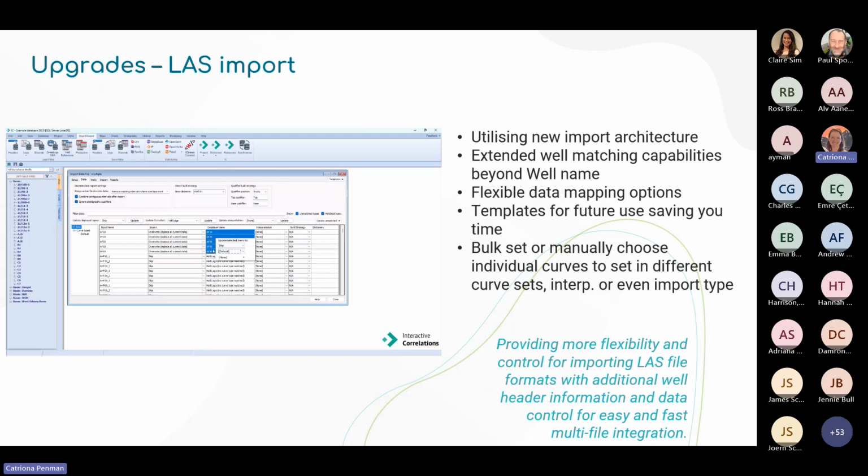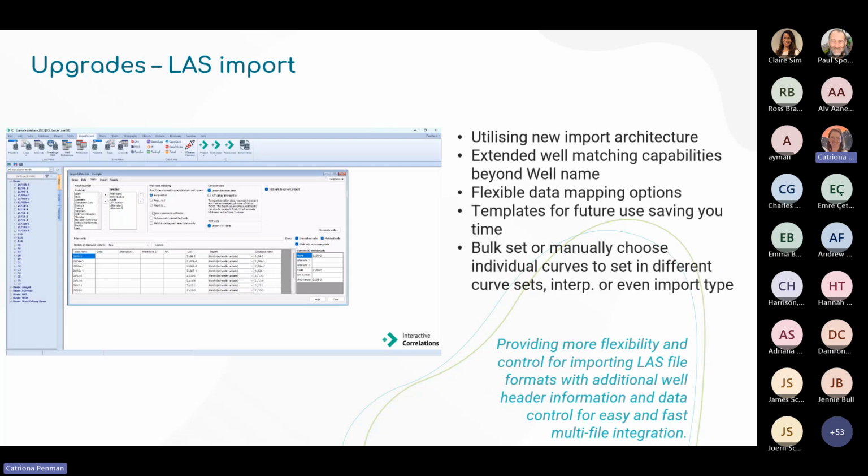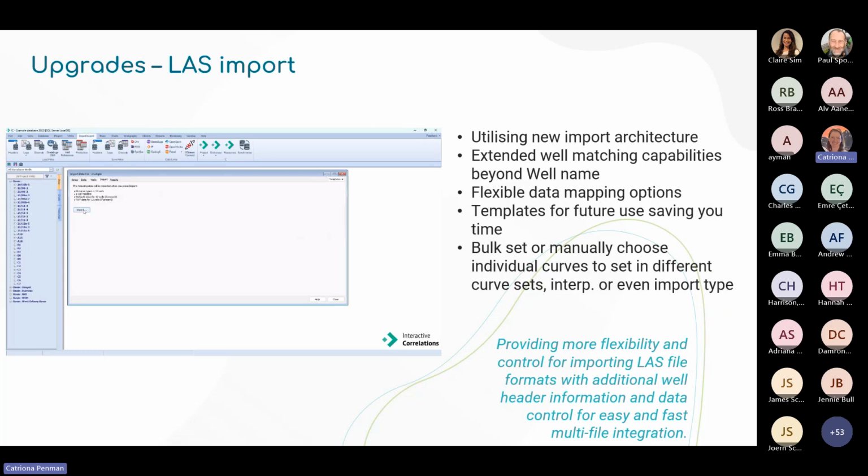And as a result of that, we've advanced the Petrel import and the ASCII import by allowing a control click or a shift click on multiple rows to apply those settings to all of them.